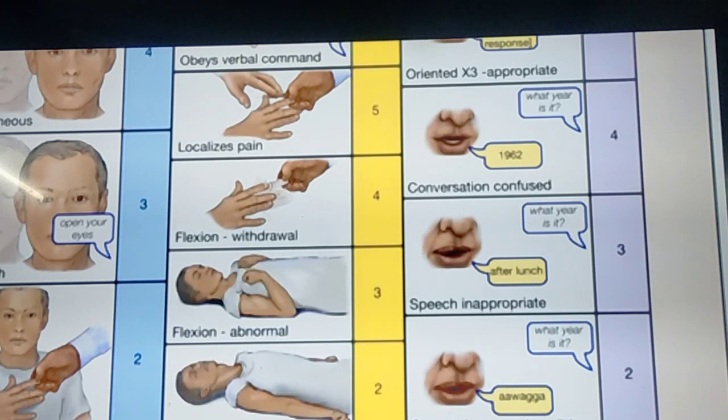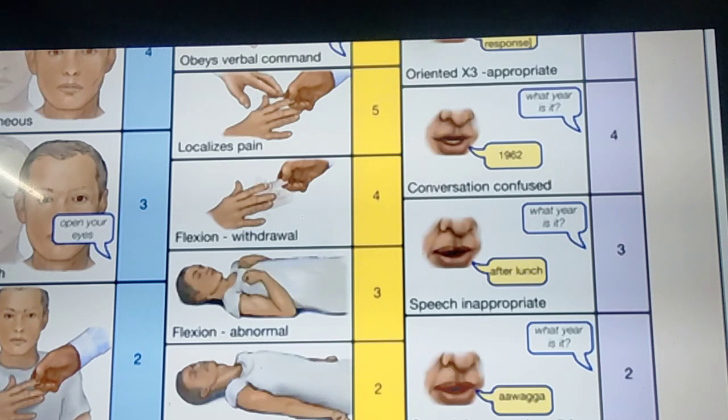Then that time we give them the score 2. Okay, they are neither speaking, forget about relevant or irrelevant answers, forget about words, they are just making sounds, no words also. Then that time we are giving them the score 2.